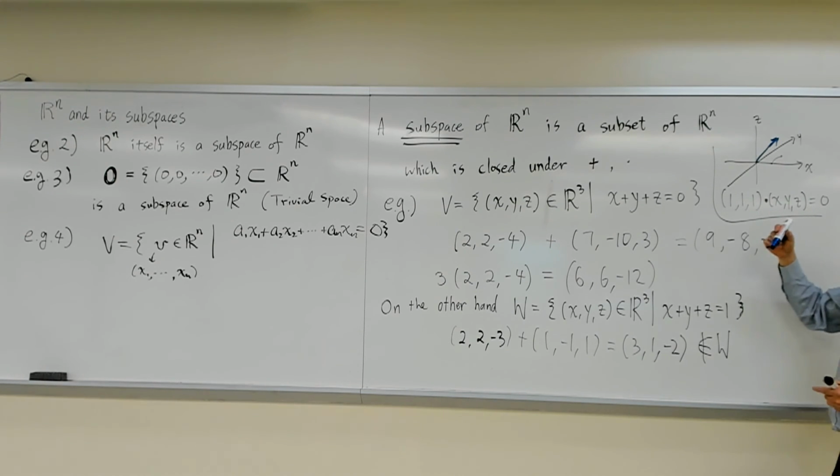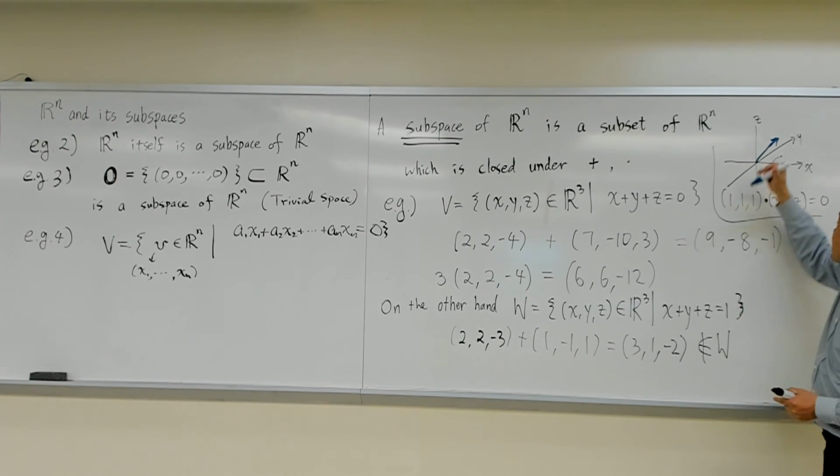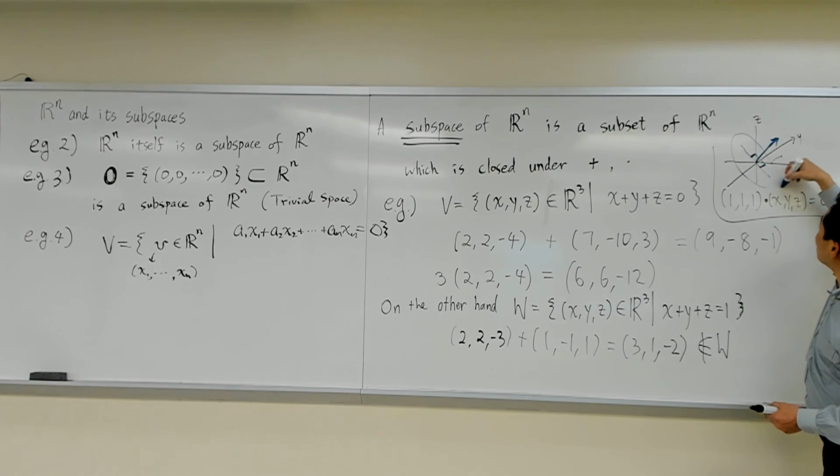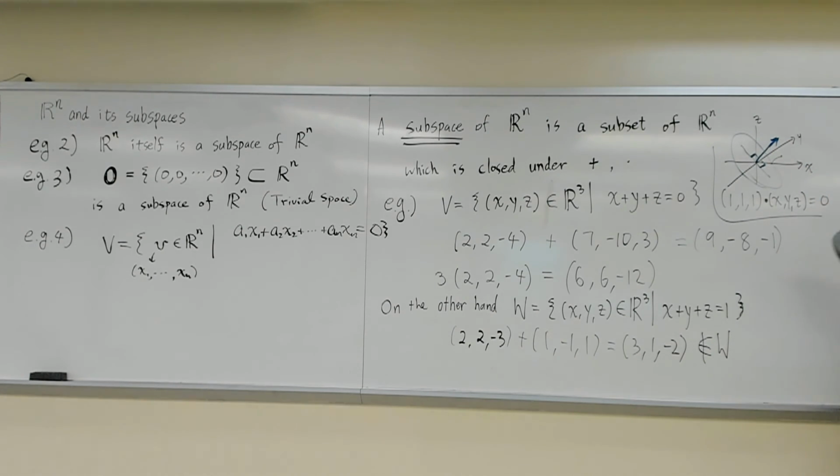Then you're collecting all the vectors that are perpendicular to this. There's one perpendicular like this, another one that way, but there's also a whole bunch of vectors in all directions.